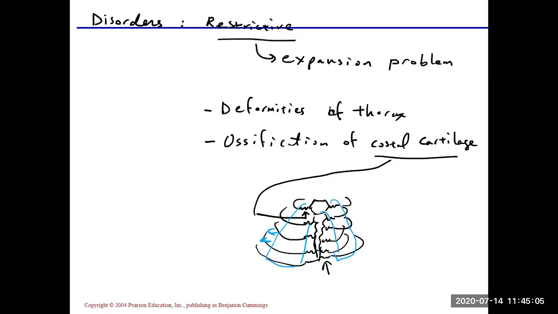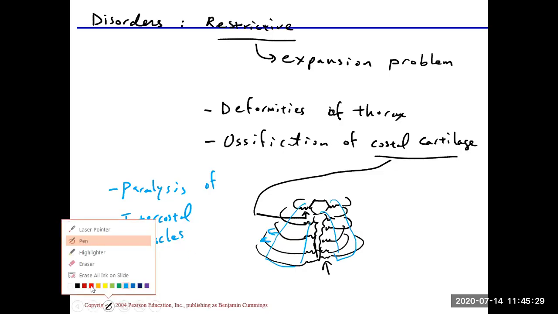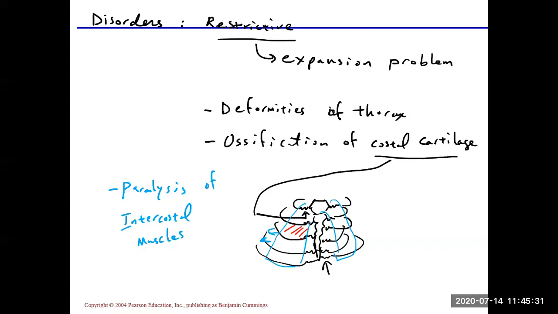Another expansion problem could be paralysis of the intercostal muscles. If you recall, the intercostal muscles are between the ribs.